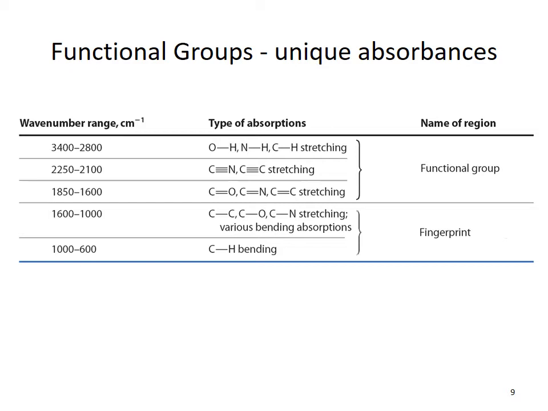But notice these are the bonds to hydrogen. When we have carbon-nitrogen bonds or carbon bonds that are triple bonds, they're around 2200. So it's showing here 2250 to 2100, and I just think 2200 when I think that. And of course you can go a little bit to either side. Carbonyls, carbon-nitrogen double bonds and carbon double bonds are from 1850 to 1600.